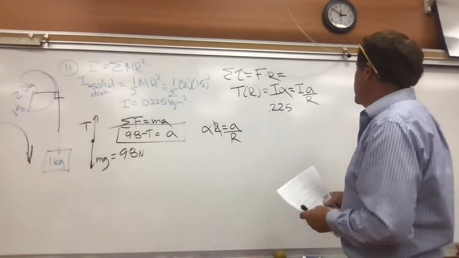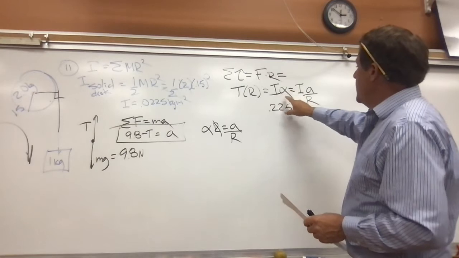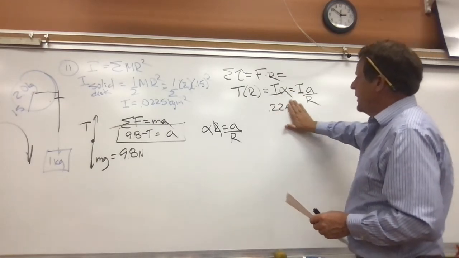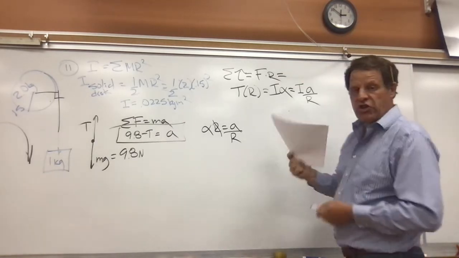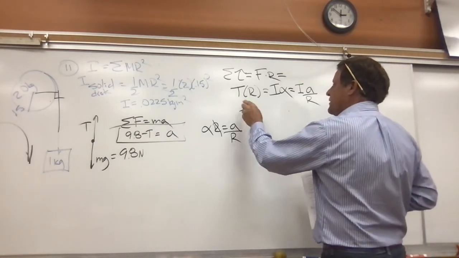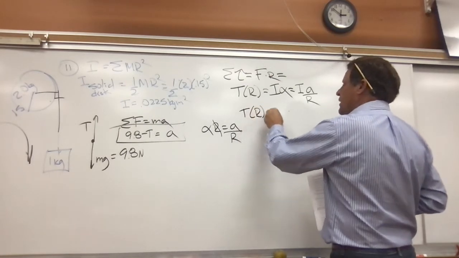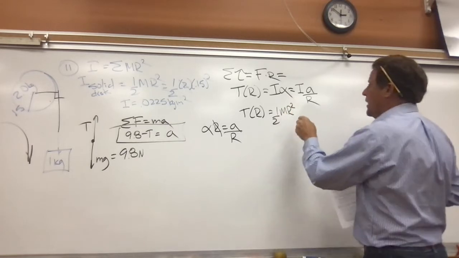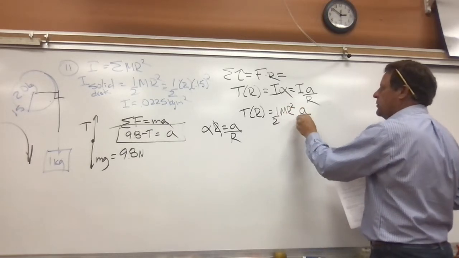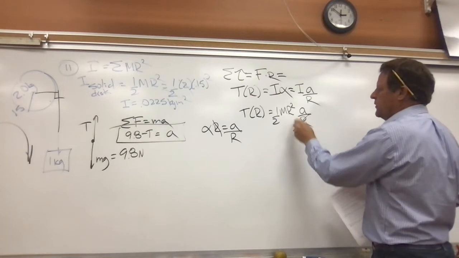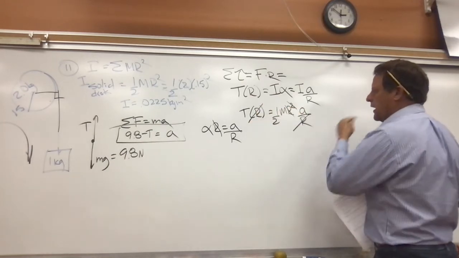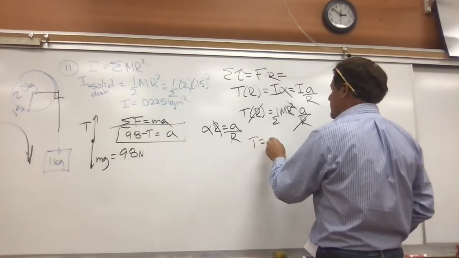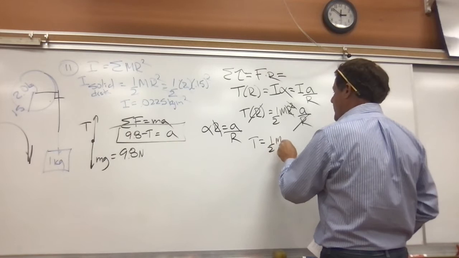All right, sorry about that. So we know that our I is 0.0225, but I'm just going to put in this equation again: the tension, which is a force, times R, is equal to 1/2 m r squared, and that alpha is going to be equal to A over R. Now we can see that these R's cancel each other out, and so our tension is going to equal 1/2 of MA.